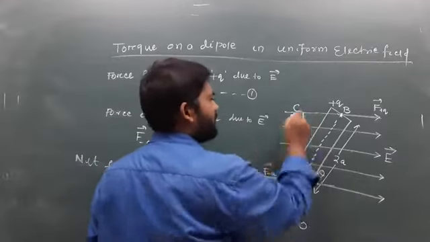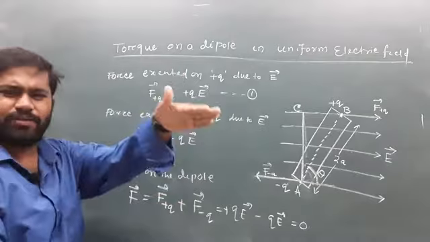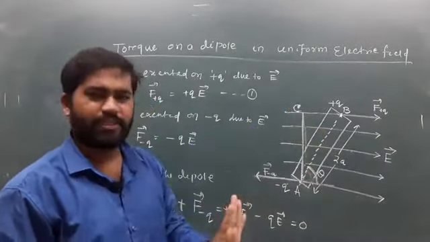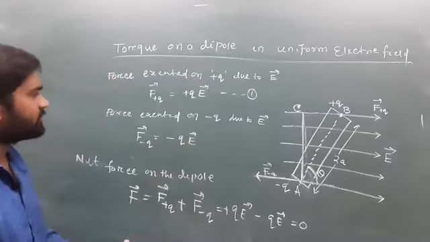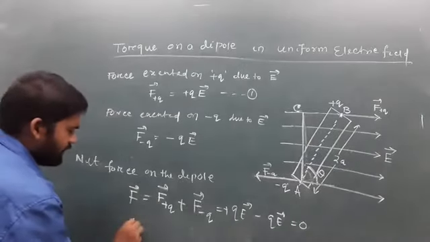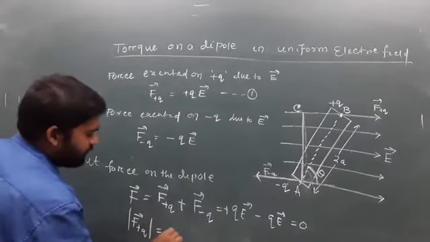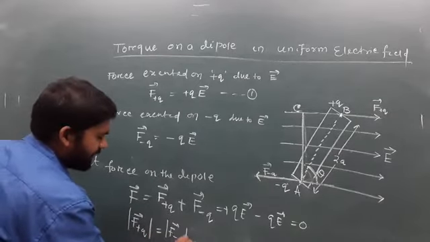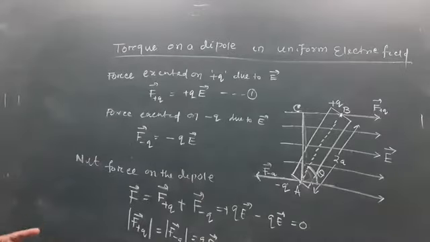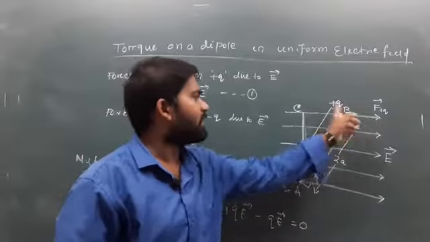Suppose that perpendicular path is C. There is a perpendicular line of action between the forces, and the interesting thing is that both forces have the same magnitude: the magnitude of F plus q equals the magnitude of F minus q equals QE. Both forces have equal magnitude and a different line of action.